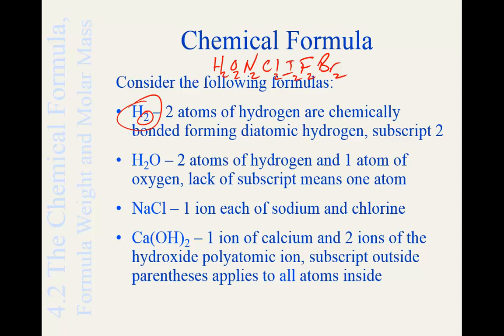All right, for water, we have two hydrogens bonded to the oxygen. Actually, we've already seen this when we did the Lewis structure. So that's saying it's 2 parts hydrogen to 1 part oxygen, or 2 atoms of hydrogen to 1 part oxygen, and that those 2 hydrogens are bonded to the oxygen.